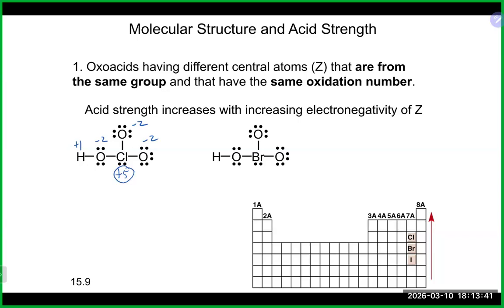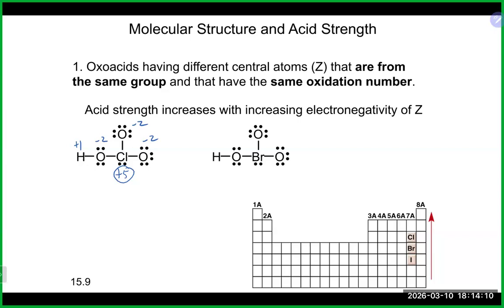Now, as you may remember, or we'll talk about later as well, oxidation states are not the same as the charges you normally associate with some of these elements in an ionic compound. This is not an ionic compound. These guys are sharing electrons, and in this configuration, chlorine has a plus charge rather than the normal negative charge it gets in an ionic compound where it's receiving electrons.